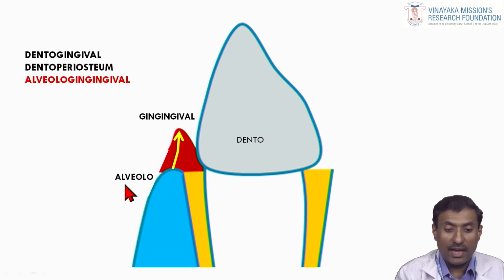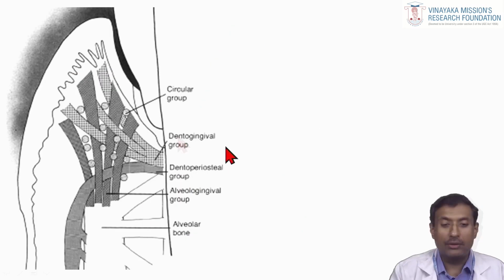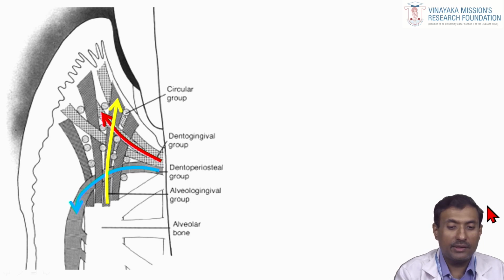Next set of fibers, alveolo-gingival fibers. They move from the alveolar crest to the gingiva. Now the next one which I said was circular fibers. Just to recap, the three groups of fibers. And what we see here, if you observe carefully, are these round cross sections of fibers. These are actually the circular group of fibers.